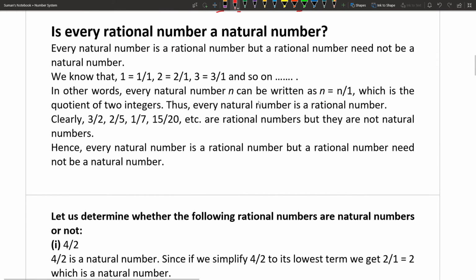Is every rational number a natural number? That means the first question is, is every rational number a natural number? Every natural number is a rational number.